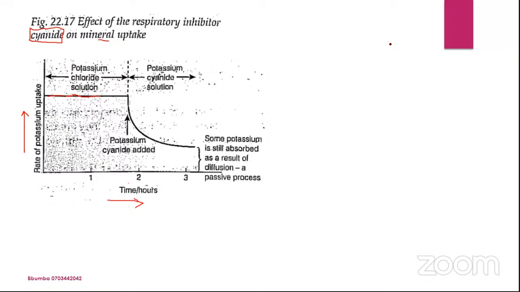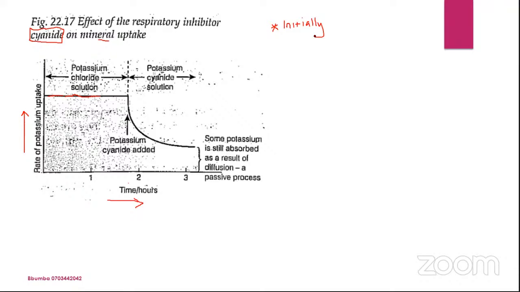Okay, no problem. Initially, at the beginning of the experiment, from 0 to 1 hour and 50 minutes, the rate of potassium uptake was high. Then at 1 hour and 40 minutes, the rate of potassium uptake dropped rapidly.